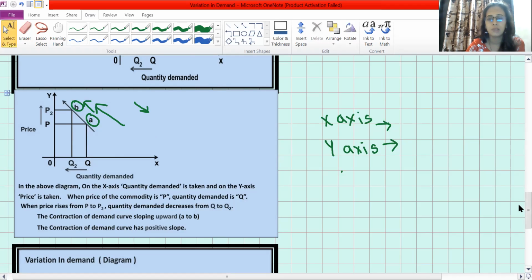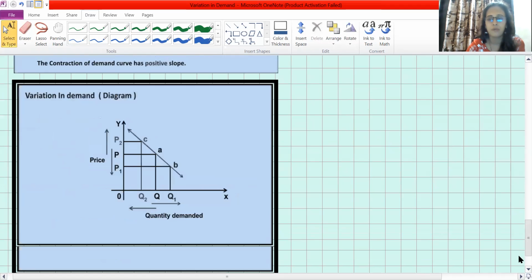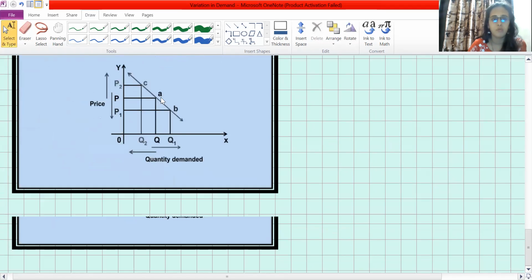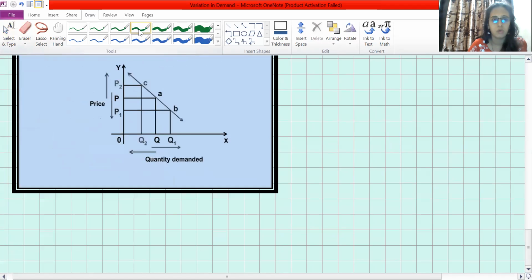Now in the last diagram, what I have done is I have shown both the parts. You can see initially you were here in expansion. This is called expansion of demand. Here it is downward sloping and here it is upward sloping, and here it is contraction of demand.